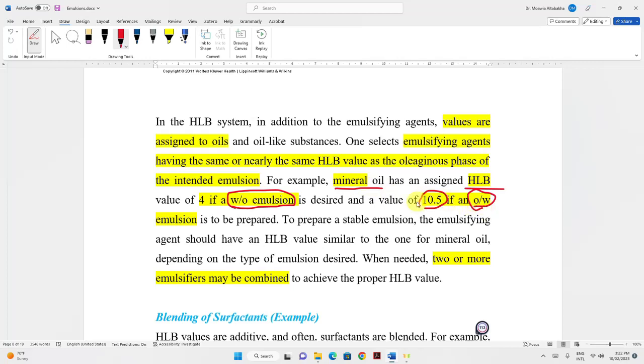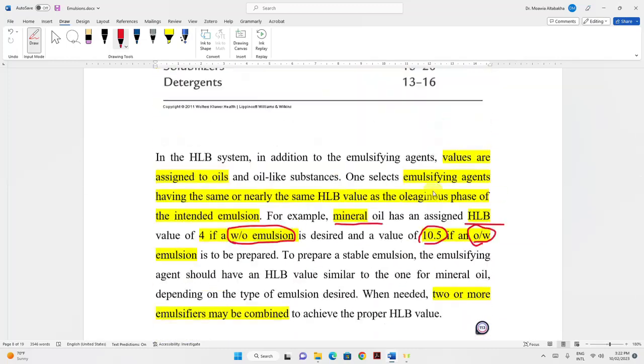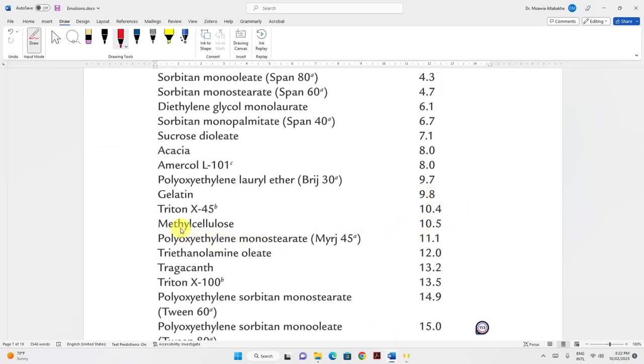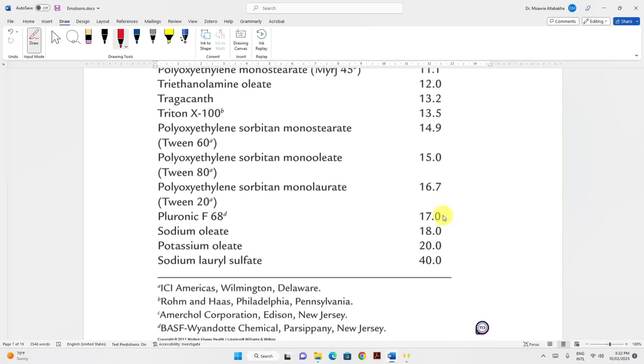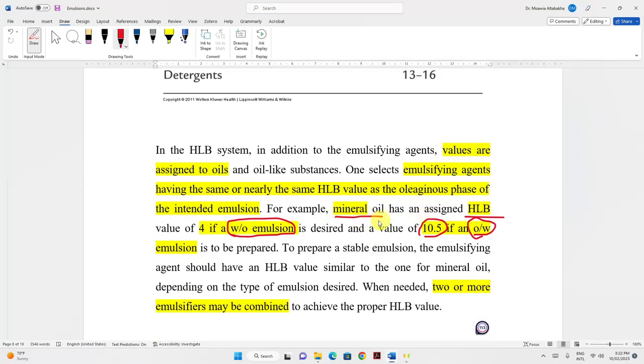Okay, in this case I need a surfactant with HLB value 10.5. If you look for 10.5, you will see here methyl cellulose giving you 10.5. So this one will be a good surfactant to use with mineral oil as internal phase. You got it?